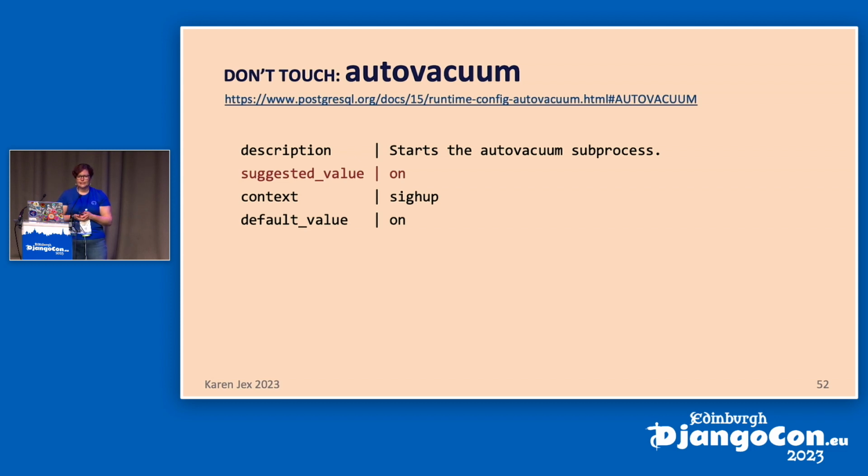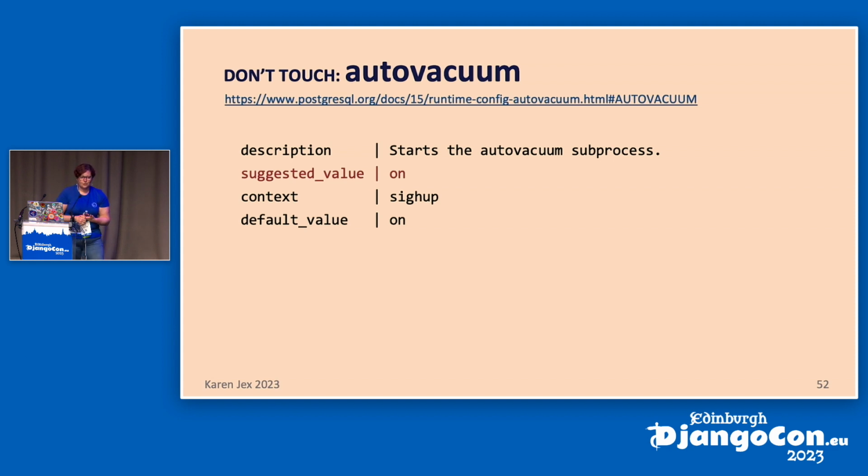Sometimes people look at the database and they see these autovacuum processes that are using resources and they don't like that, so they just go in and switch autovacuum off. They think, aha, that's what's slowing the database down, so I'll switch it off and everything will be fine. They usually regret their life choices sometime later.